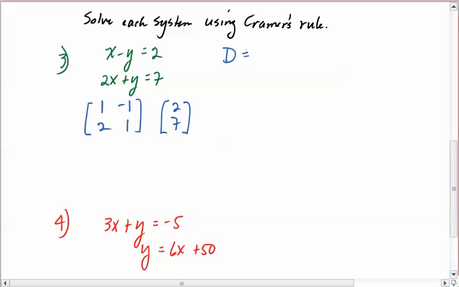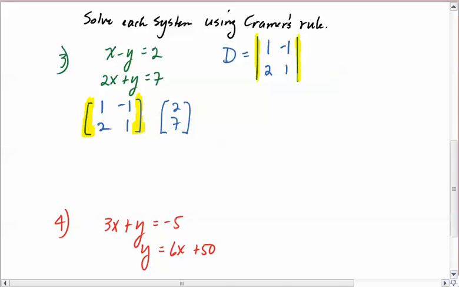All right, for regular D, I'm just going to take the determinant of the coefficient matrix. Here's how I show in symbols how we're getting the determinant. It looks like I'm using absolute value, but it's not absolute value. Before, it was just a matrix with the brackets, and now it looks like absolute value.